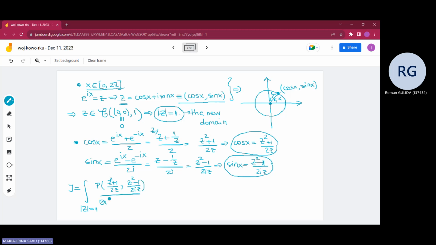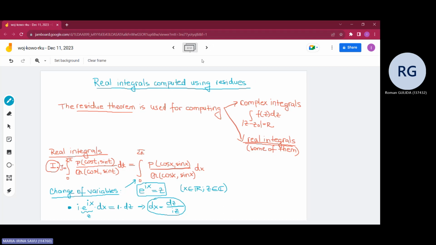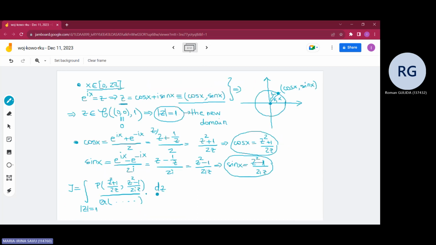This will be q of the expression times, and instead of dx, I write dz over iz. So I have dz over iz. Okay? And this expression without dz will be a function f of z.